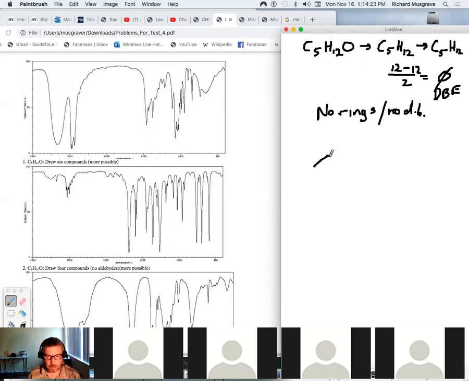So what we would need to do first is look at the infrared spectrum here and see if we can figure anything out that might be useful to us. So here's what I like to do. I like to do a checklist because this pretty much covers everything anyway. OH, NH, and NH2.